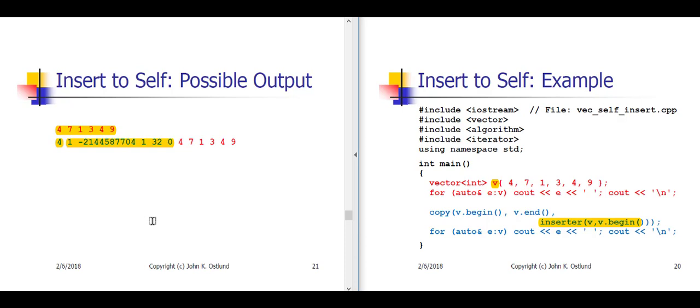So be warned that for something like a vector or a deque, where either all of the elements or many of the elements may be stored in contiguous memory locations, doing an insert is going to move everything around and therefore mess up any iterators, including those used internally within algorithms like copy.